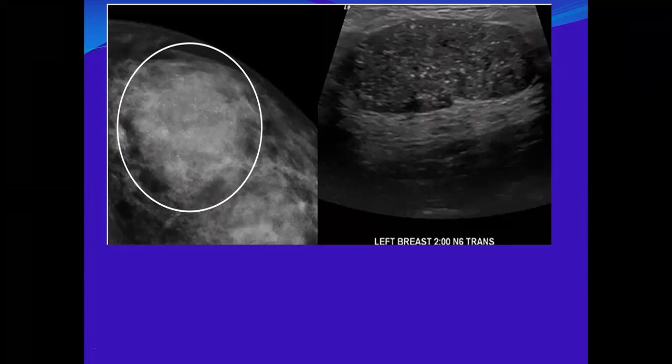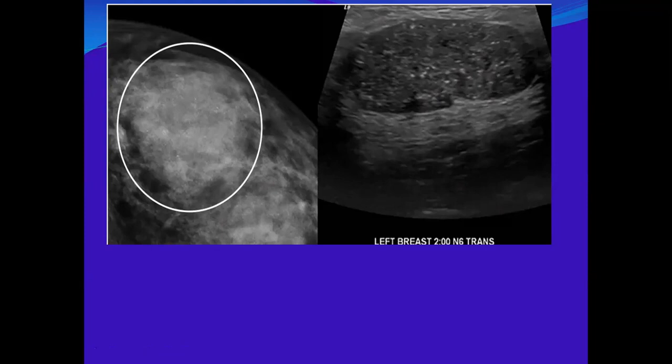I can see mostly a circumscribed mass. But I agree with you, the mass is studded throughout with microcalcifications, and there are tiny cystic changes.